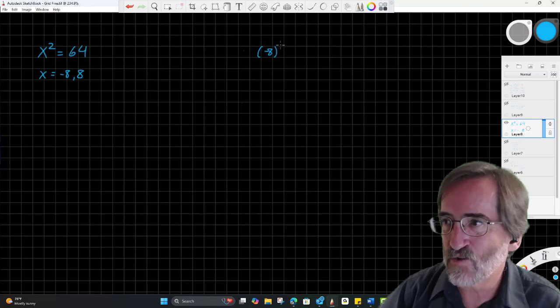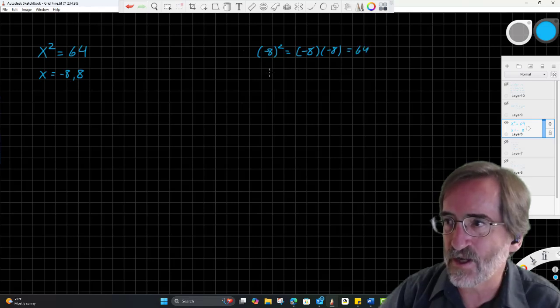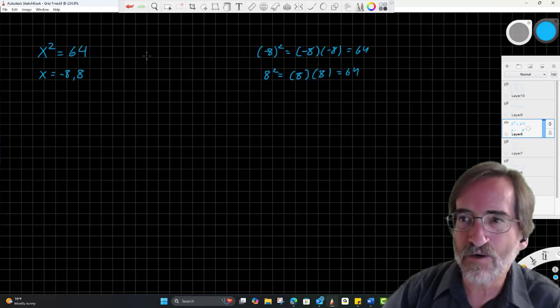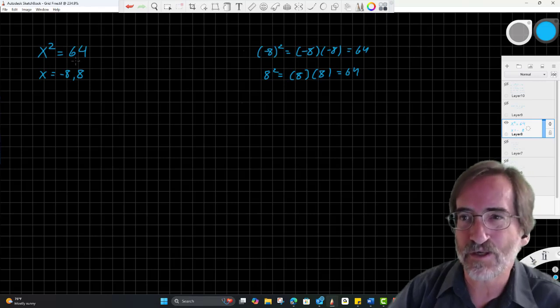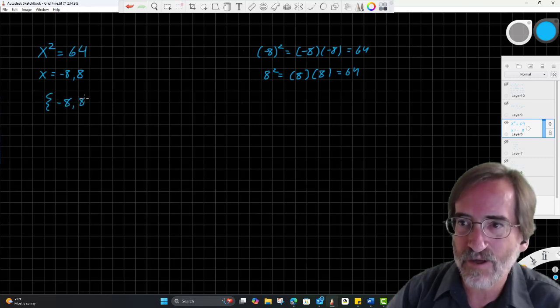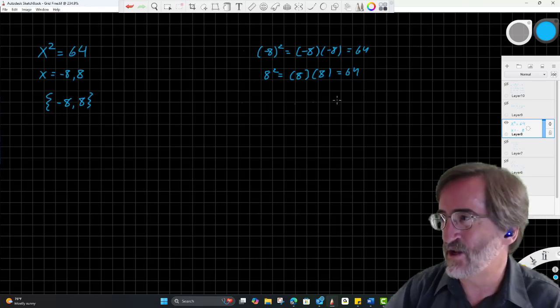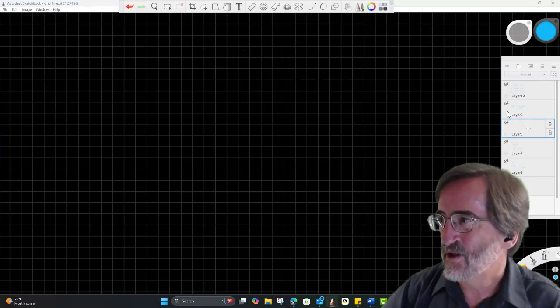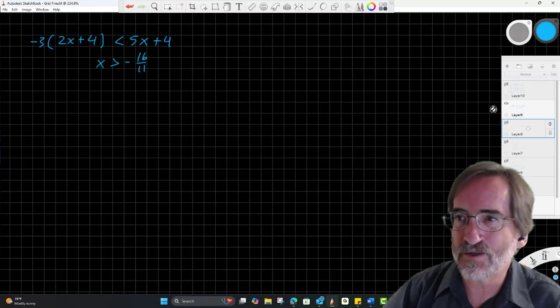Negative 8 squared, which is negative 8 times negative 8, is also positive 64, just like 8 squared, or 8 times 8, is 64. So when we solve what we call the quadratic equations, equations with x squared, we'll typically find there are two solutions. So the solution set here in this case is curly braces, negative 8, comma 8. Okay, so we can have more than one solution.